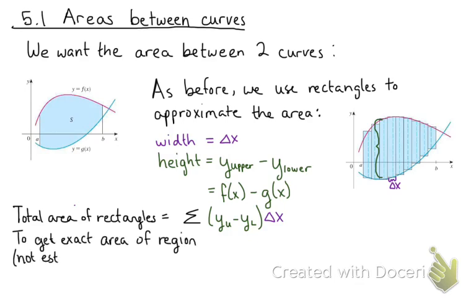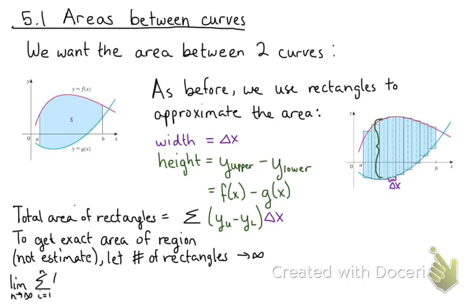To get the exact area, not an estimate, we do what we did before, which is use more and more and more and more rectangles, and end up taking the limit as the number of rectangles approaches infinity. So we will have a limit, as the number of rectangles n approaches infinity, of this sum of height times width, upper y minus lower y times delta x.